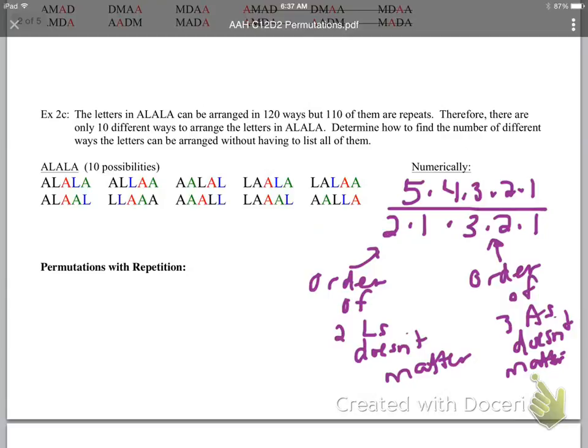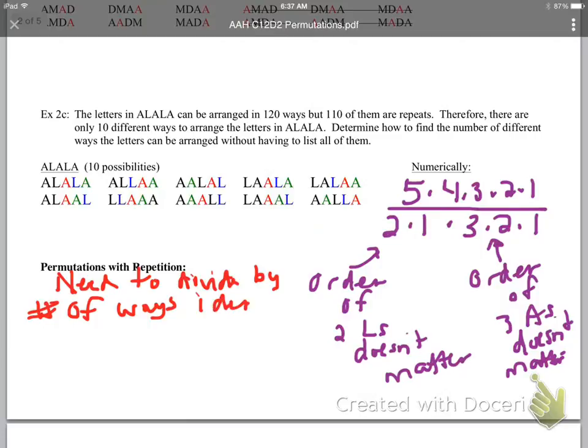So let's go ahead and write down permutations with repetition. What that means is you need to divide by the number of ways identical objects can be arranged.